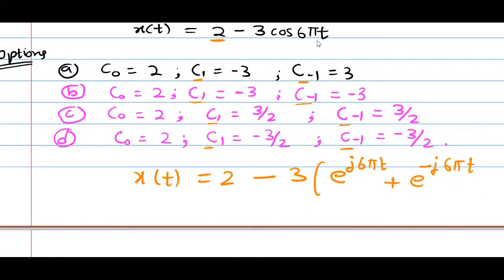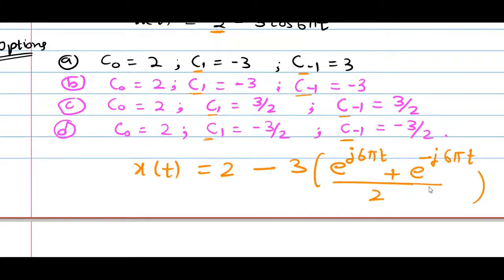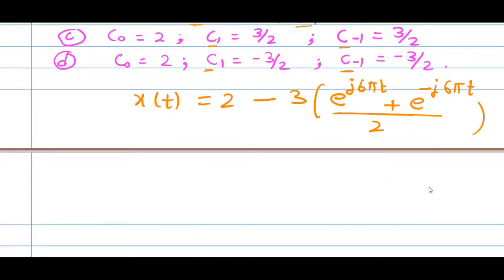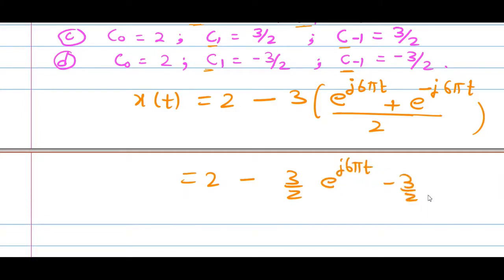Theta is 6 pi t divided by 2. So just simplify it. x of t equals 2 minus 3 by 2 e raised to power j 6 pi t minus 3 by 2 e raised to power minus j 6 pi t.